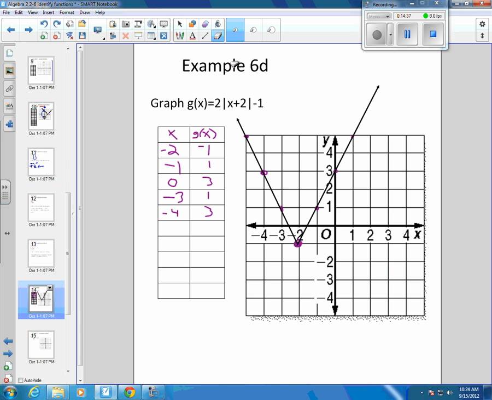So I went back 2, I went down 1, and m was 2 and negative 2. Right?